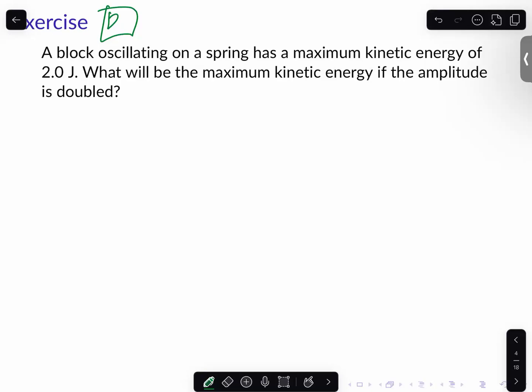So what happens if I double the amplitude in the expression half k x squared? If x becomes twice as great, by what factor does this equation change? Well, if I plug in 2x, how have I changed my expression? 2 times x squared.